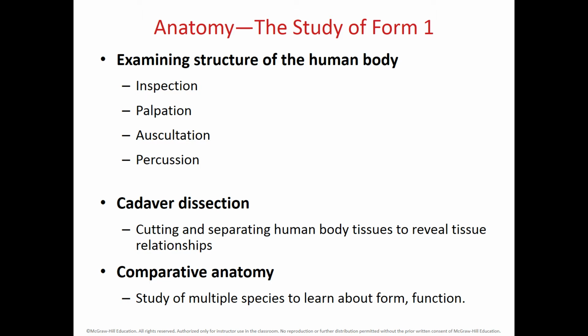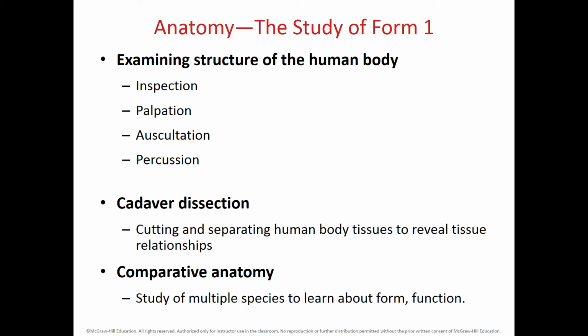Now, anatomy is the science that is in charge of studying the form or structure of the parts of a body, and one of the simplest ways to study anatomy is by examining the structure of the human body through inspection. Inspection is a method in which you use your eyes to look at the body's appearance, and it's part of a physical examination.